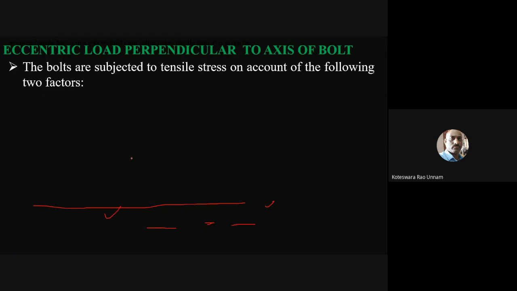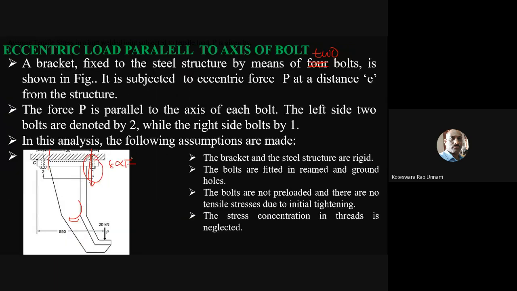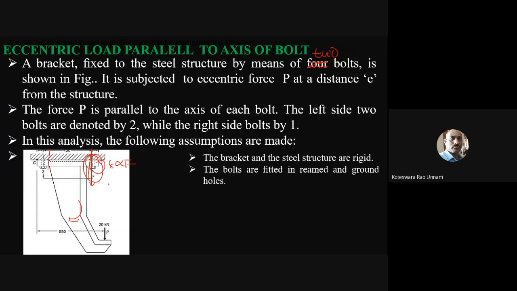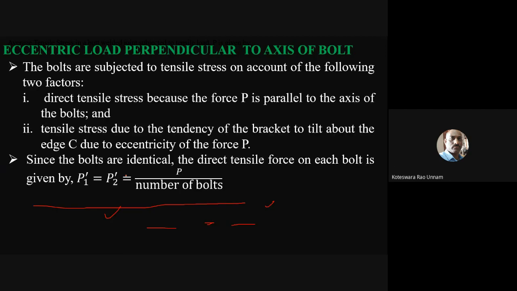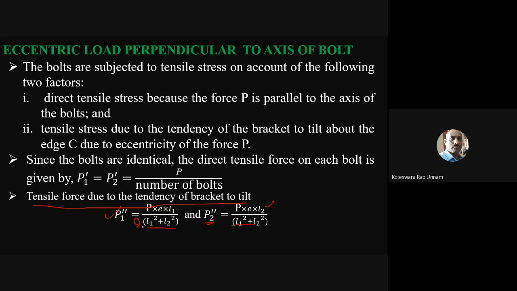Suppose instead of 2 bolts, if I have 4 bolts like I said earlier, here at this location you have 2 bolts, and at this location also you have 2 bolts. In that case, you need to consider 2 here and 2 here also. If there are 3 bolts, you have to consider 3 here and 3 here also, because all the bolts are at the same distance from the point of tilt.